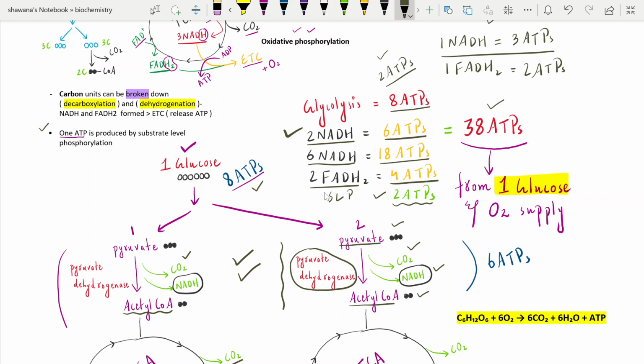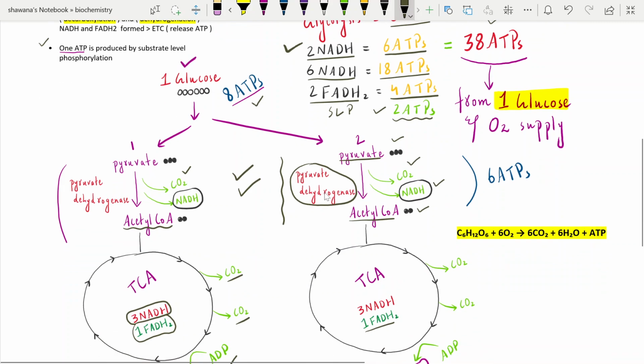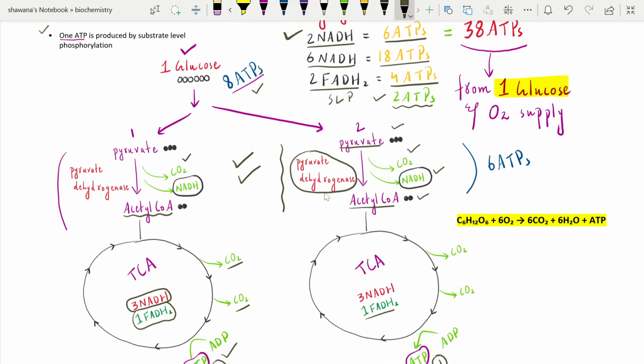So in case of an abundant supply of oxygen and presence of one glucose molecule, we have 38 ATPs from 2 Krebs cycles. So let's divide all of them. From glycolysis, there are 8 ATPs.